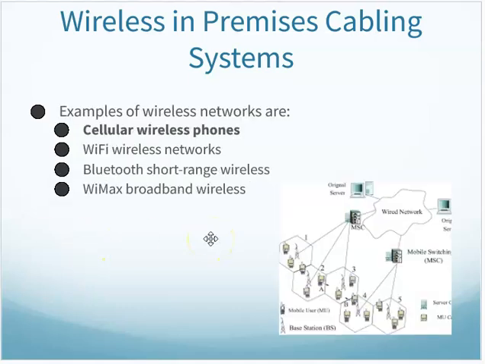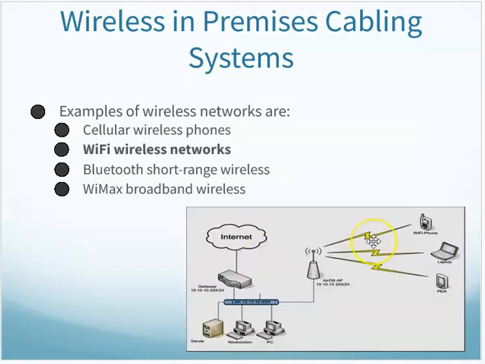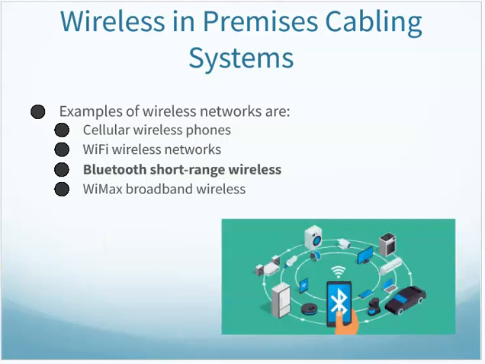Examples of wireless networks are, and I have a couple here, you think about your cellular wireless phone network. Okay, that would be one example. Wi-Fi, that's the main example we're focusing on, Wi-Fi wireless network for LANs and businesses and so forth.